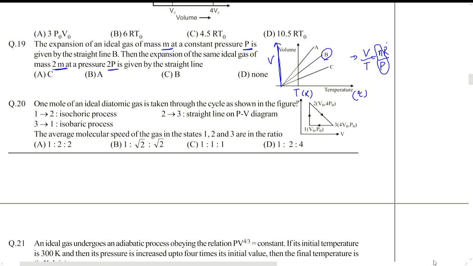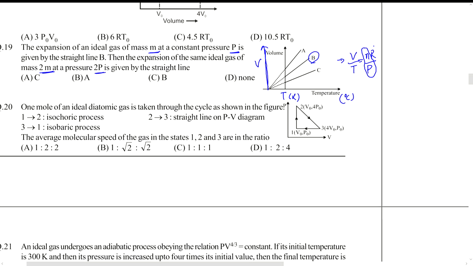The last question in this section is question number 20. One mole of an ideal diatomic gas is taken through a cycle. It's a P versus V graph, and we need the average molecular speeds in the states. The average molecular speed V average has the formula square root of 8 RT by pi m.